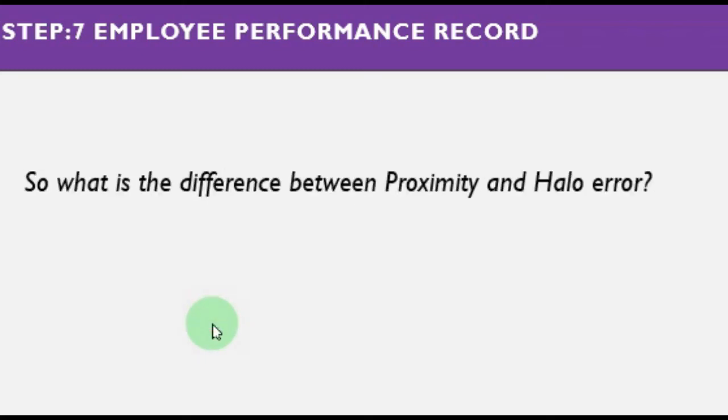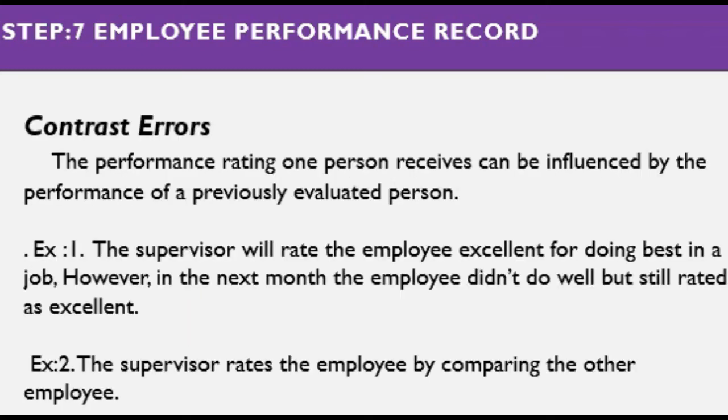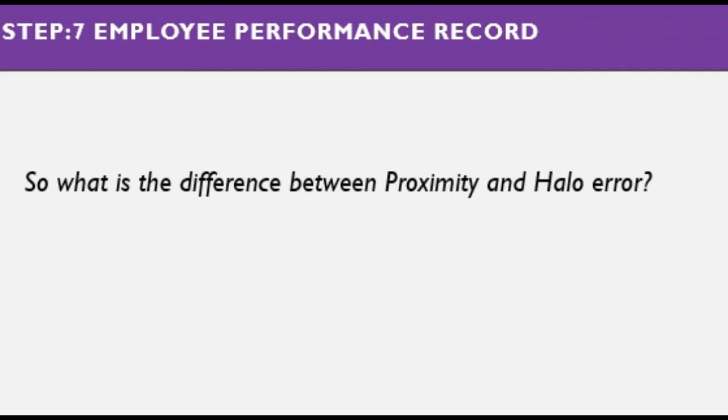So what is the difference between proximity and halo errors? Proximity errors, ito yung nire-rate mo si employee na kung saan ay magkakalapit ang mga dimension. Sa halo error, i-rate mo si employee depending dun sa maaaring natapos nila or sa job title nila. Okay, as what I'm saying earlier.